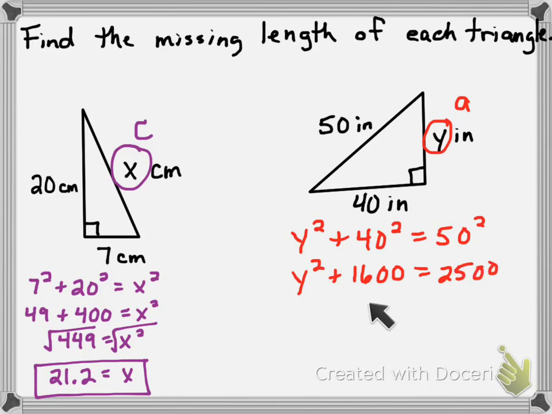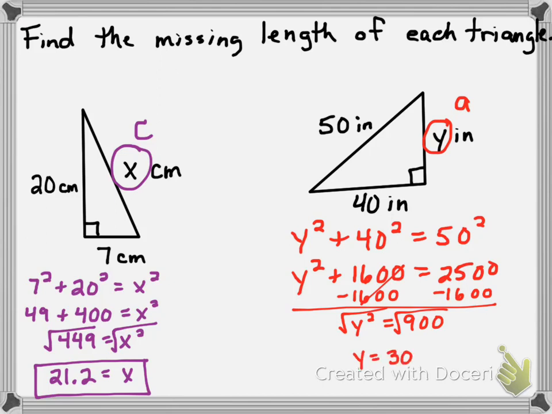I need to move the 1600 to the other side because I've got to get the y squared by itself. So I subtract 1600 and I get y squared equals 900. Now that I have the square by itself, I can square root both sides and I get y equals 30. So the length of this side is 30 inches.